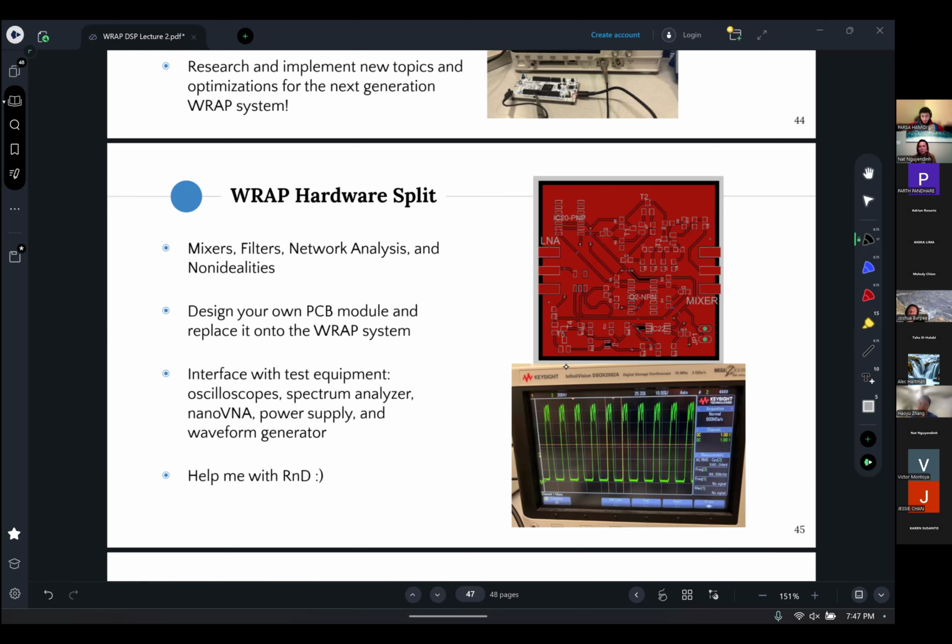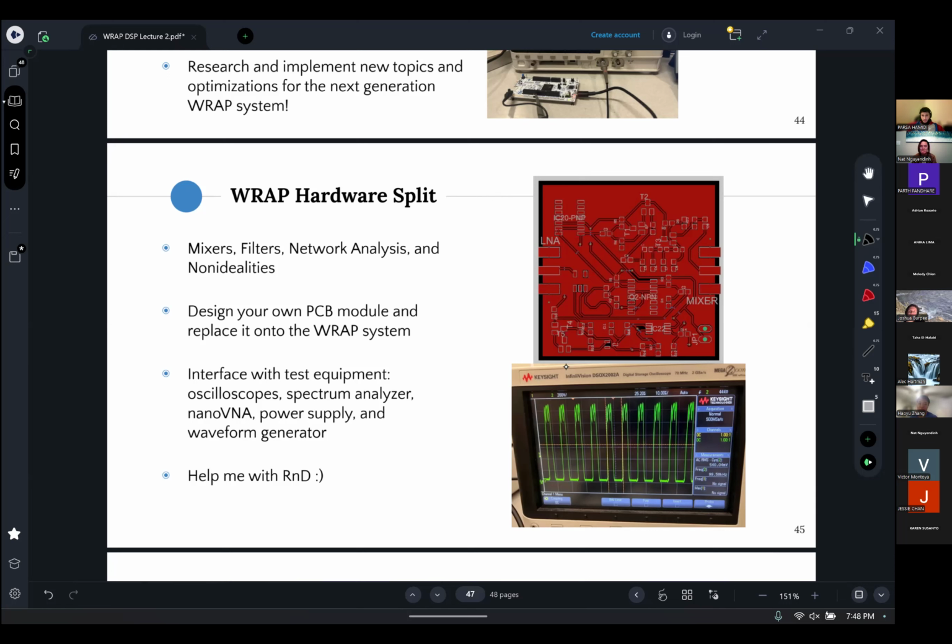If it functions, then you've completed the capstone. But if it doesn't, there's more troubleshooting. The idea is that you can infinitely expand. You can start off by replacing only one module on the board, and if you finish that and want to keep going, you can keep designing more and more modules until, if you're really up for it, you make the entire RAP system from the ground up by building each module separately.